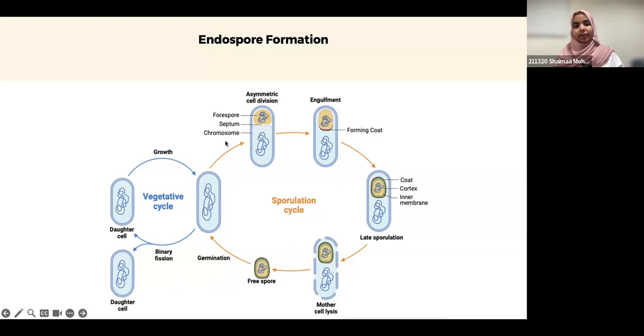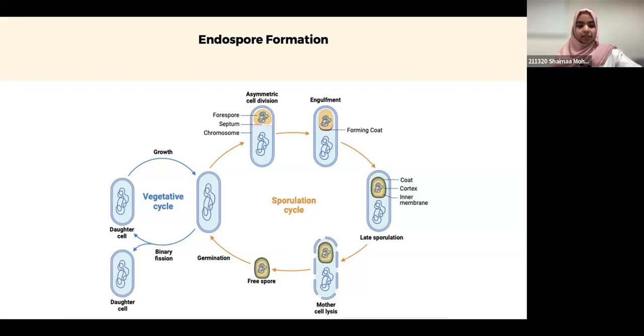So basically, first there's division, a forespore forms, then it's engulfed, and then calcium and peptidoglycan go in, making it tough. And then the original cell degenerates and the free spore is released, okay? So that's basically how an endospore forms.